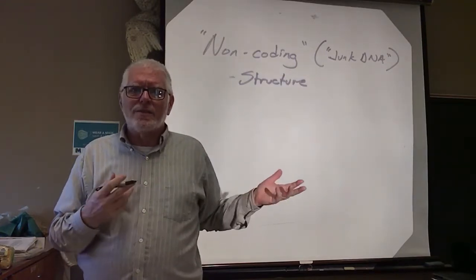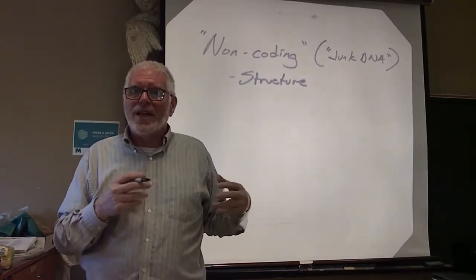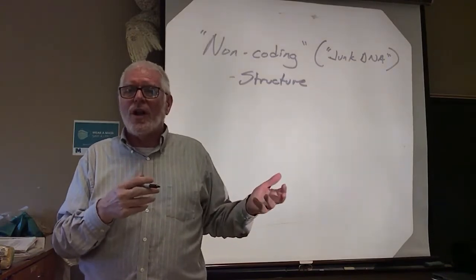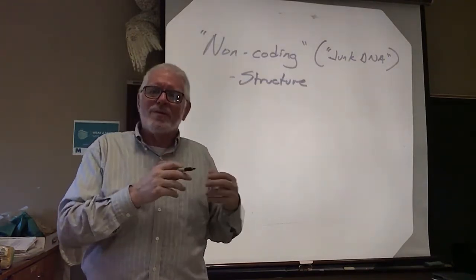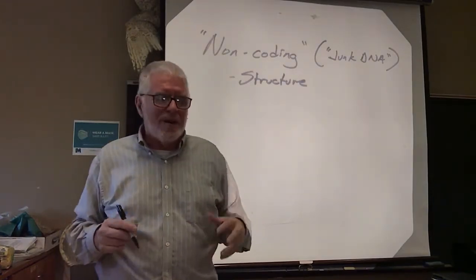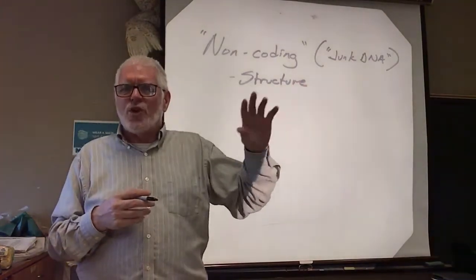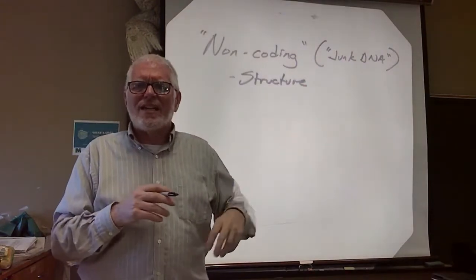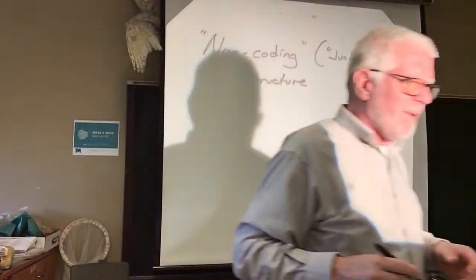And the question is, what the heck is it doing that it couldn't stand to be messed with at all? Because any kind of changes in it tended to kill off the owner of the changes. And some of that is structural, some of that's connected to other things that are just very important for DNA to be able to do.